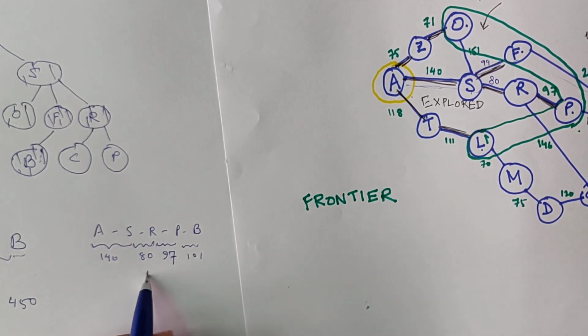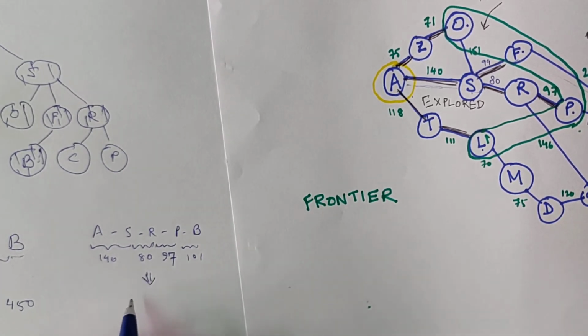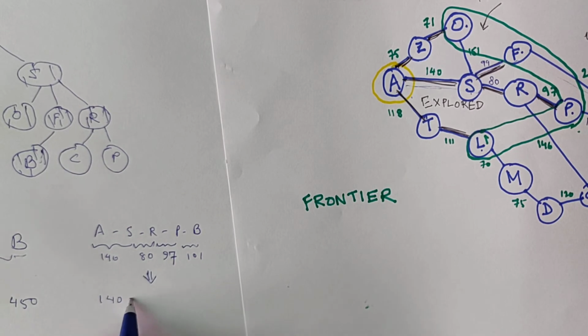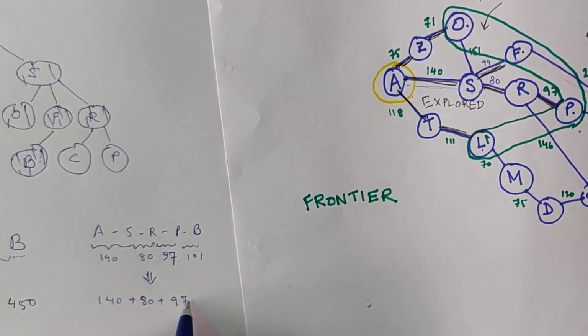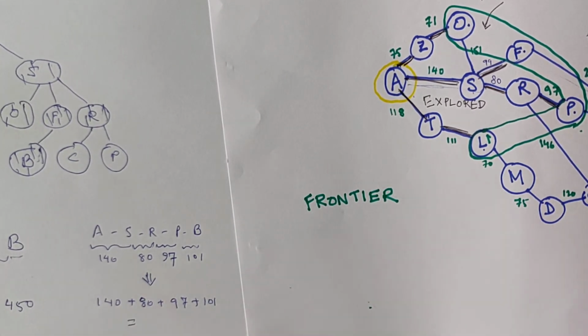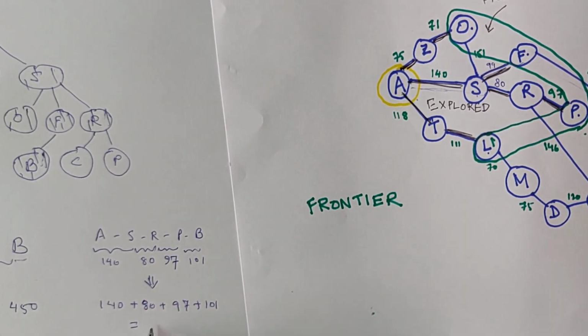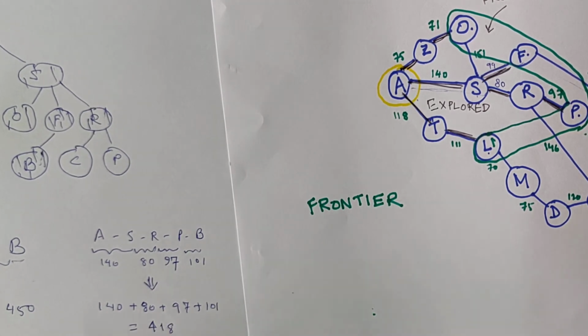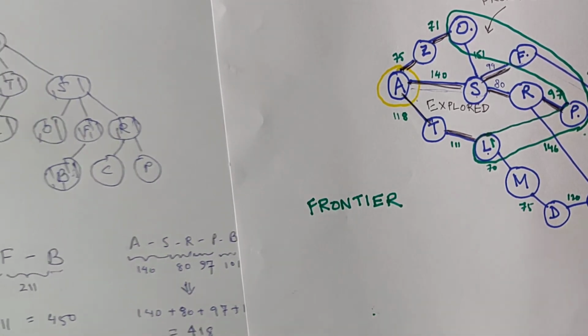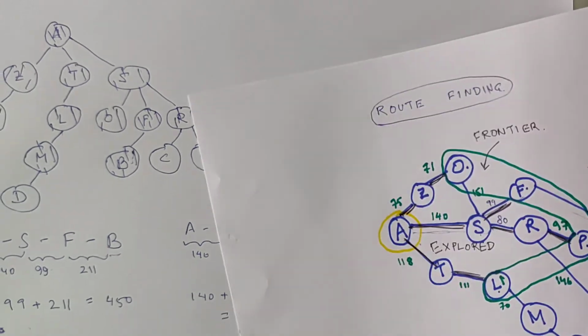So the total path cost comes out to be the summation 140 plus 80 plus 97 plus 101, which is equal to 418.